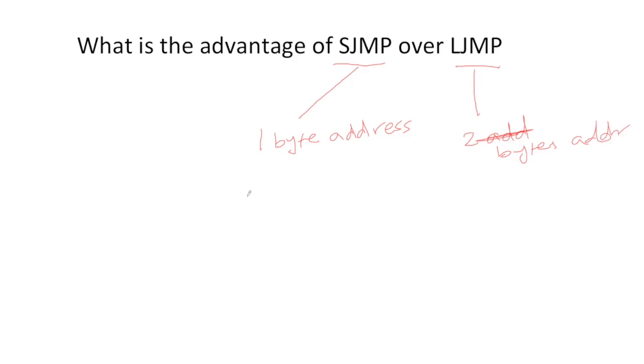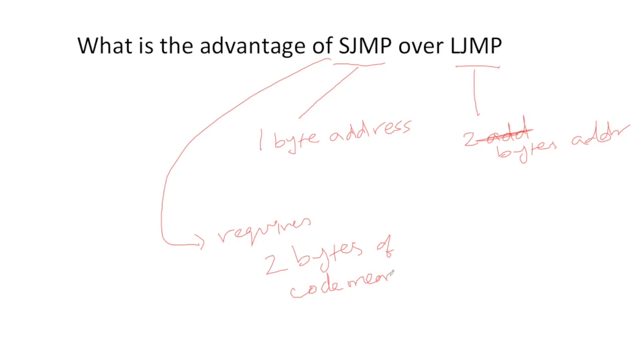So essentially, if you have a jump which is not going to be more than 256 bytes away, then a short jump would be better, because when this instruction is encoded, a short jump requires 2 bytes of code memory, whereas a long jump is encoded in 3 bytes.